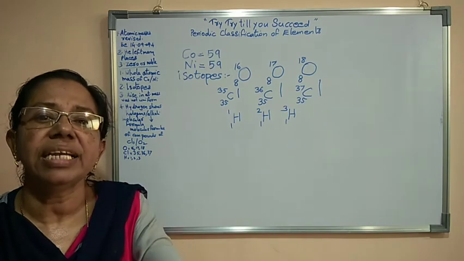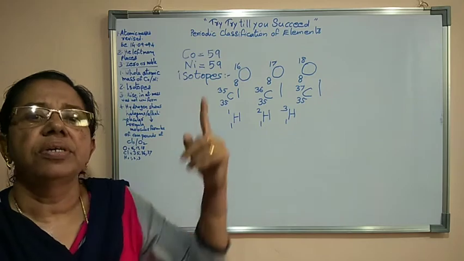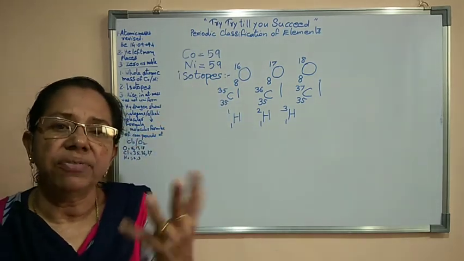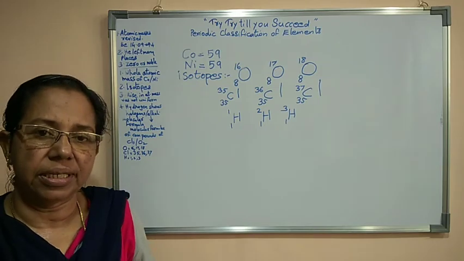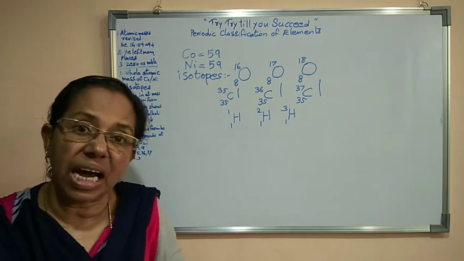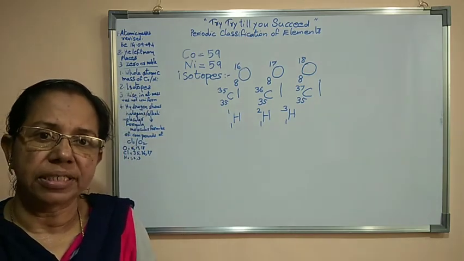So much confusion arose in the mind of Mendeleev. Second thing, during his time there were no isotopes. Later, after a long time, after his time, they discovered isotopes.